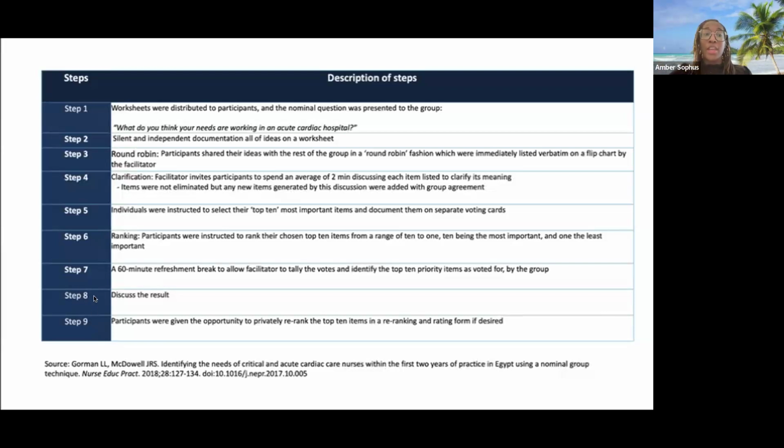And then you have step 8, where you have that discussion of those results, meaning the discussion of the top 10 rankings, the order, why they ranked them that way. And then at the end, they were given the opportunity to re-rank those items based off of the discussion. So that's just one way that you're able to manipulate those initial 4 steps for nominal group technique.